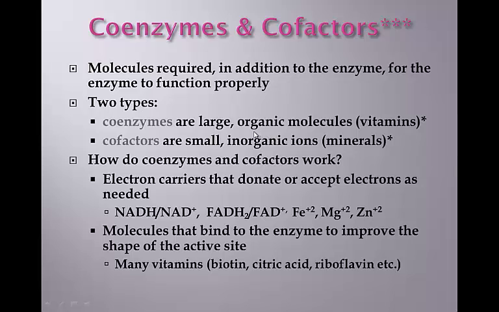Now, there's two types of molecules that can help enzymes. One of them is called coenzymes. Coenzymes are large organic molecules, and most of your vitamins are actually coenzymes. They help enzymes to work better. We can also have cofactors. Cofactors are small inorganic molecules. These are mostly the minerals.